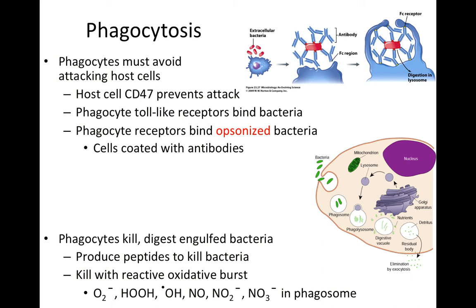So basically, the phagocytosis of a bacterium with just peptidoglycan or lipopolysaccharide on the cell surface would be less efficient than the phagocytosis of a microorganism with antibody on it. So opsonins lead to opsonization, which is enhanced phagocytosis.